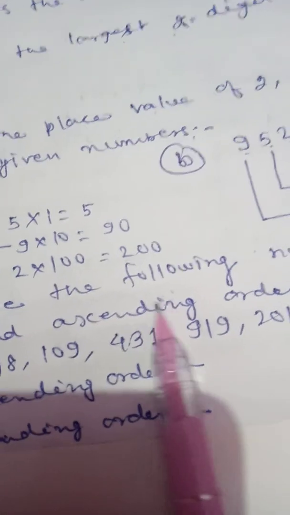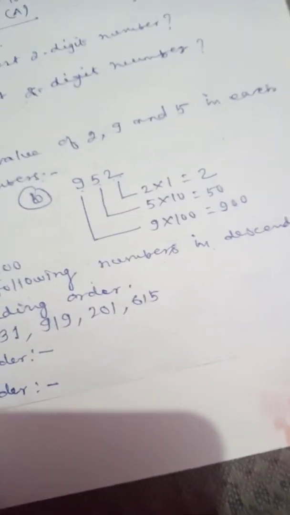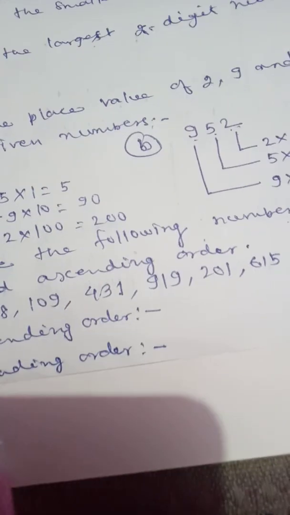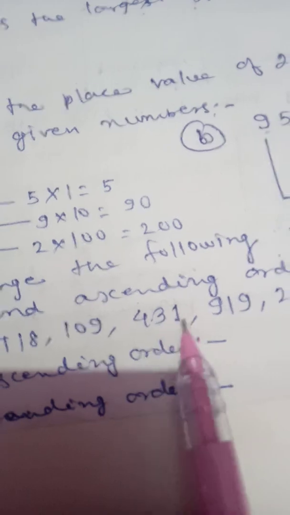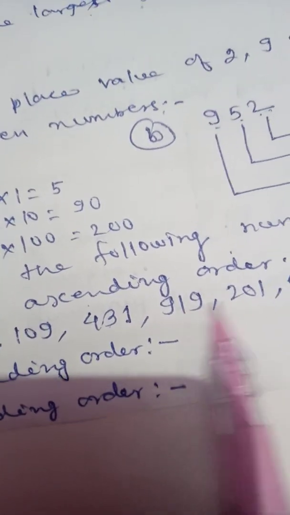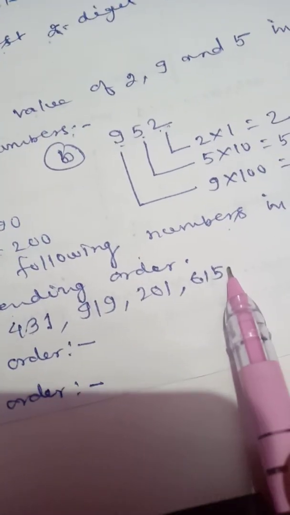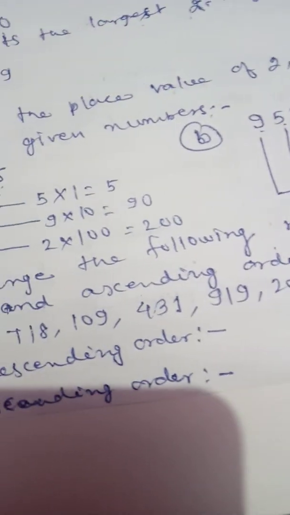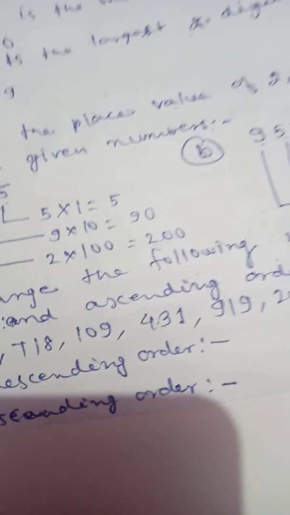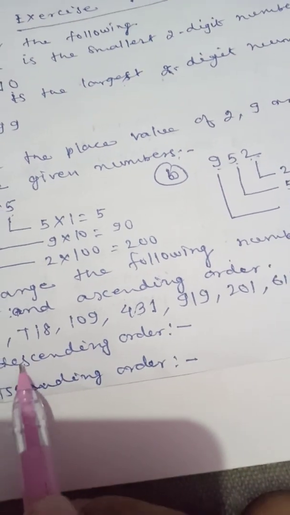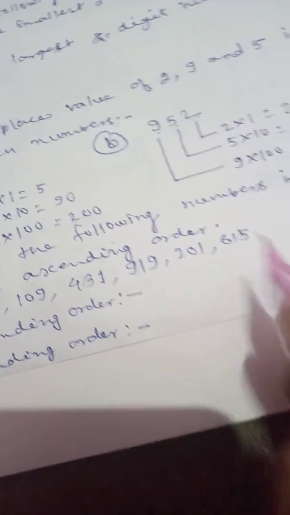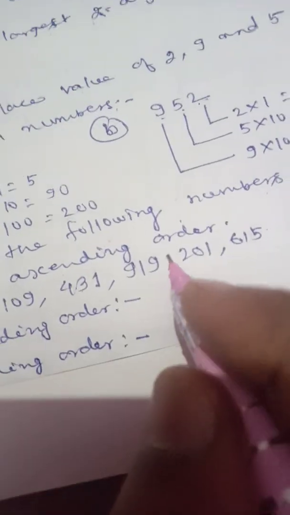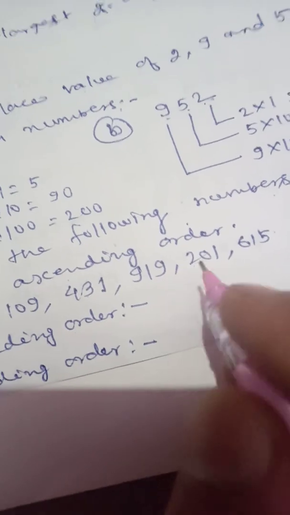Arrange the following numbers in descending and ascending order. The numbers are 309, 718, 109, 431, 919, 201, 615. So, in order to write numbers in descending order, first we start from the largest number of the given group of numbers.